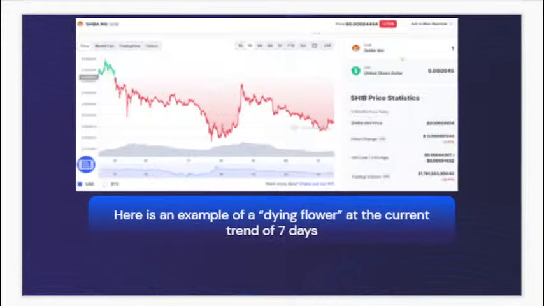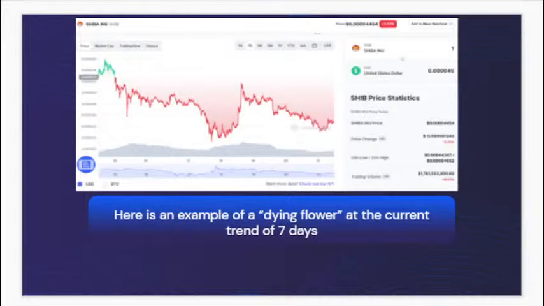This is an example of what a dying flower would look like a bit ago. Some people at the beginning of this graph were buying into Shiba Inu when it was still rocketing. But as time went on, it was starting to die down and turn into what we'll call a dying flower. In this dying flower, I think it went down 2.7%.